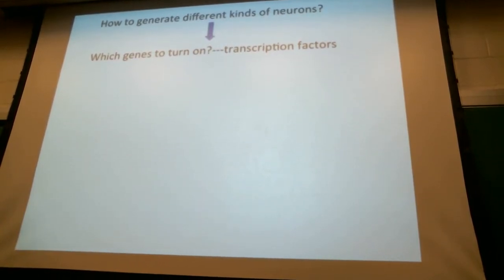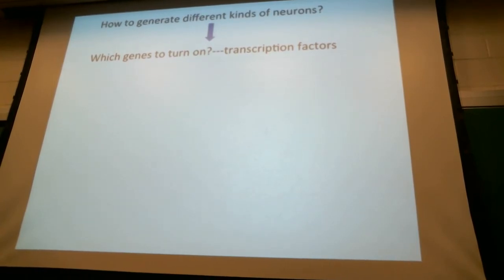So what is a transcription factor? A transcription factor is a protein which goes to the nucleus, recognizes a certain DNA sequence, binds to it, and then initiates transcription. So what is transcription? Transcription means synthesizing messenger RNA using a complementary DNA as a template.